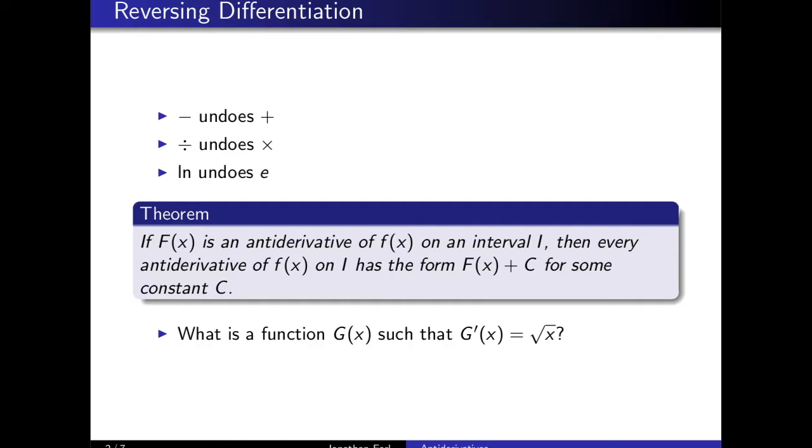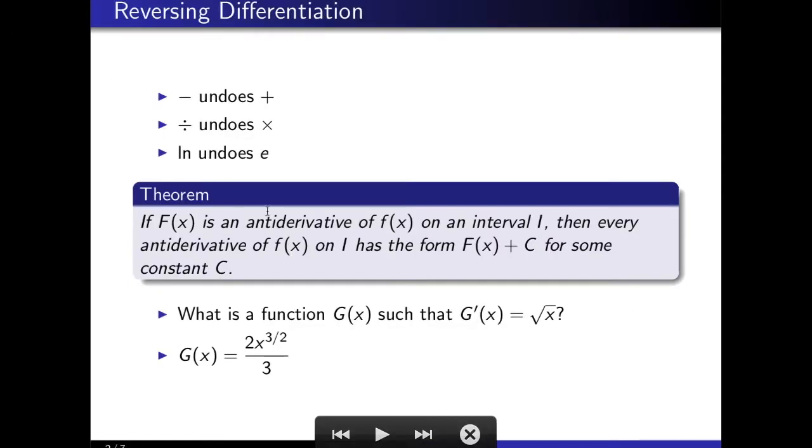So if we start with 2/3 x to the 3/2, when we multiply the 3/2 out in front, the 3/2 will cancel with the 2/3, giving us a coefficient of 1 out in front, and then we'll get that x to the 1/2. So 2/3 x to the 3/2 will do what we like here.